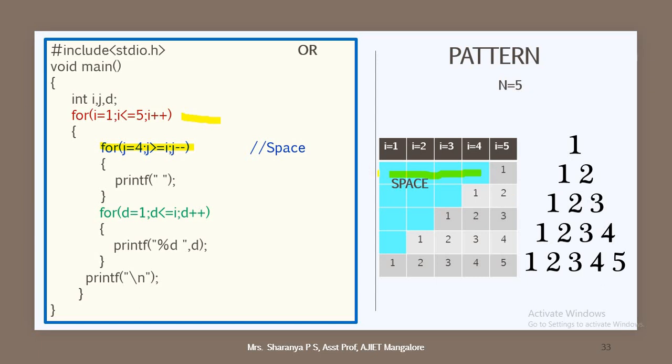A total of 4 spaces have to be printed the first time, and j keeps decrementing each time. With this we can print the 4 spaces the first time. Next it will be 3, 2, 1 and 0.